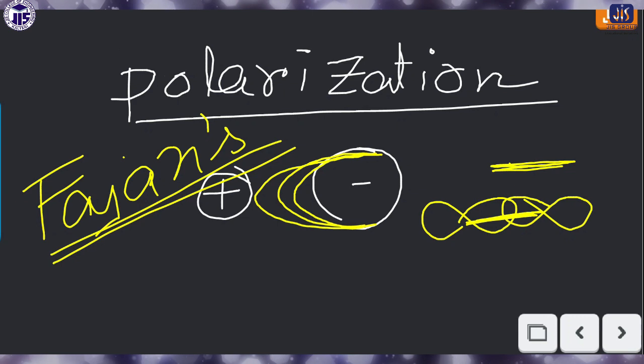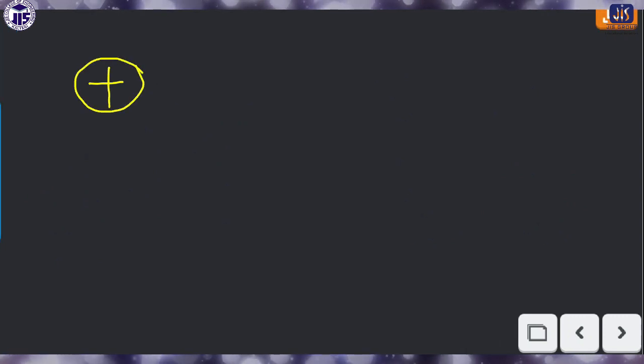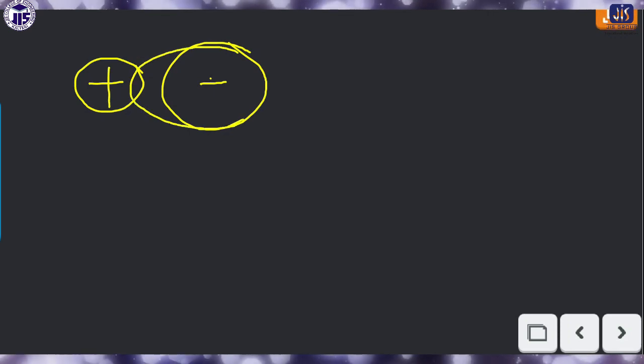How can we determine it? If the size of the cation is very small, and the size of the anion is very large, then the cation attracts the anion, and the anion gradually overlaps with the cation.